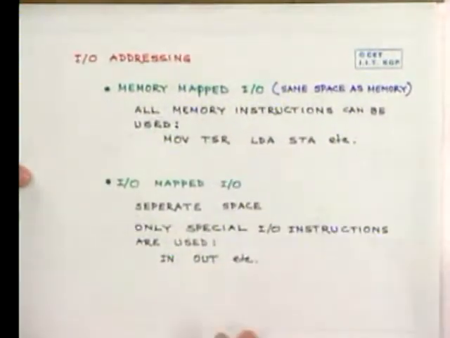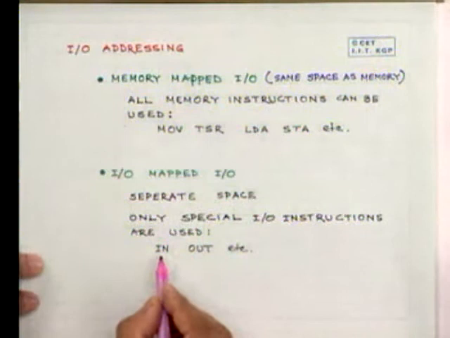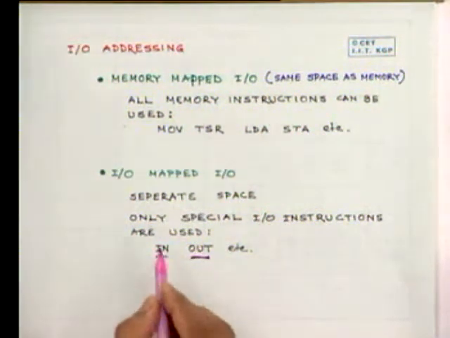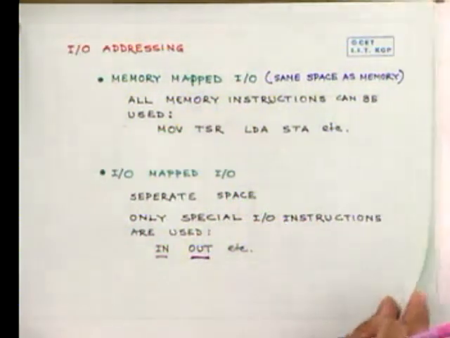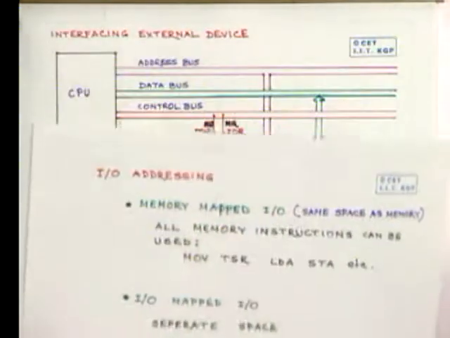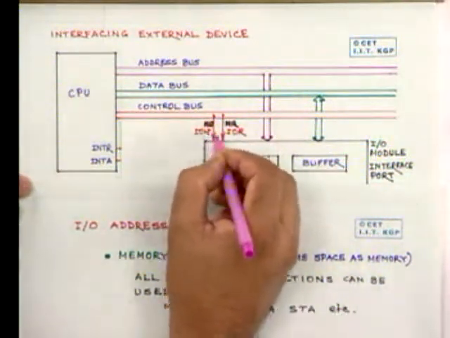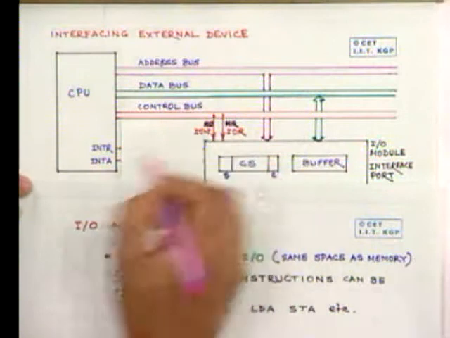And if we are using I/O mapped I/O, basically the instructions that we are using are in and out, and these in-out instructions will automatically tell the control of the CPU to issue I/O read and I/O write signals as necessary. I/O read for reading and I/O write for writing.